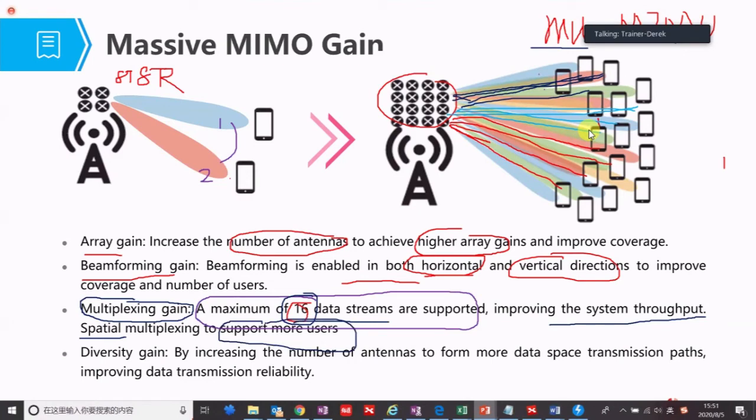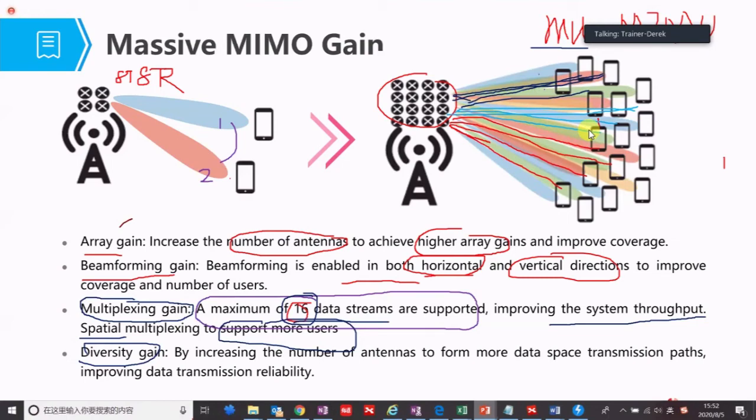So it can improve the capacity and the throughput. The more antennas, the more users can be supported. And this is the diversity gain. Diversity gain can make the signal more stable.